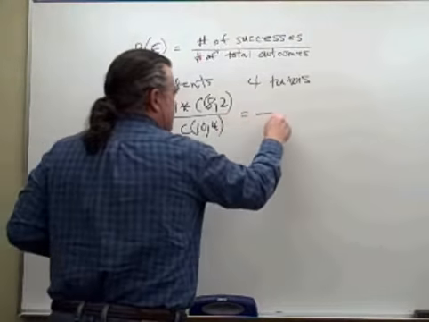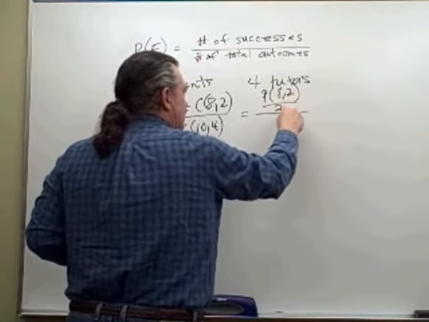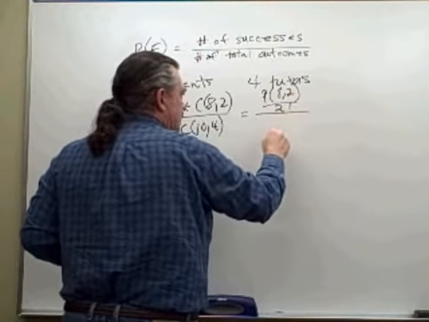So that gives us a permutation of 8 taken 2 at a time over 2 factorial, over a permutation of 10 taken 4 at a time over 4 factorial, which is going to give us 8 times 7 over 2 times 1, over 10 times 9 times 8 times 7 over 4 times 3 times 2 times 1.